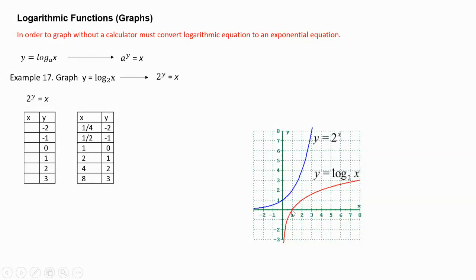When y is 0, x is 1. When x is 2, y is 1. When x is 4, y is 2. And when x is 8, y is 3. So this is the way the graph is going to look, the graph in red. Okay.